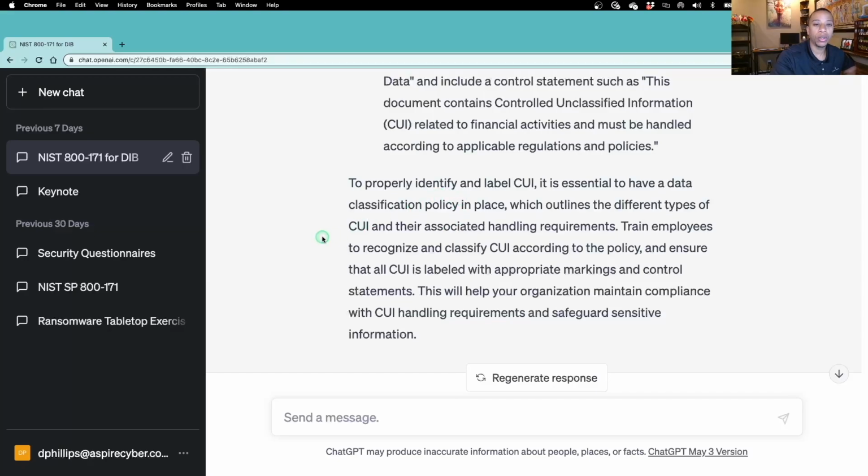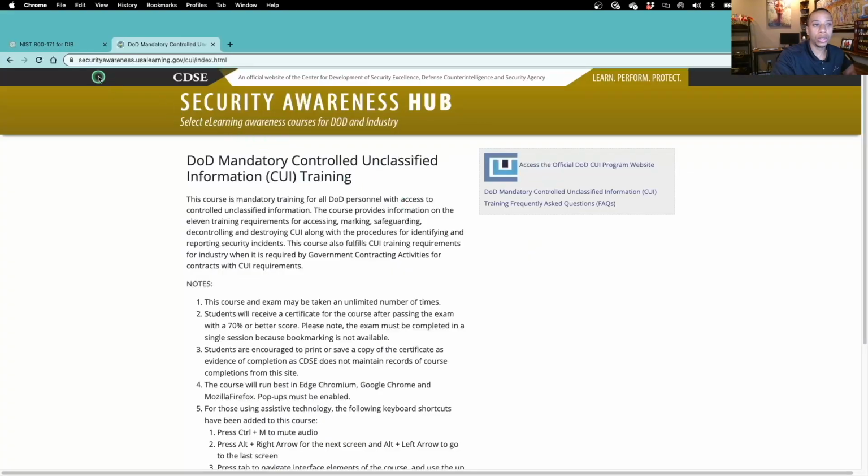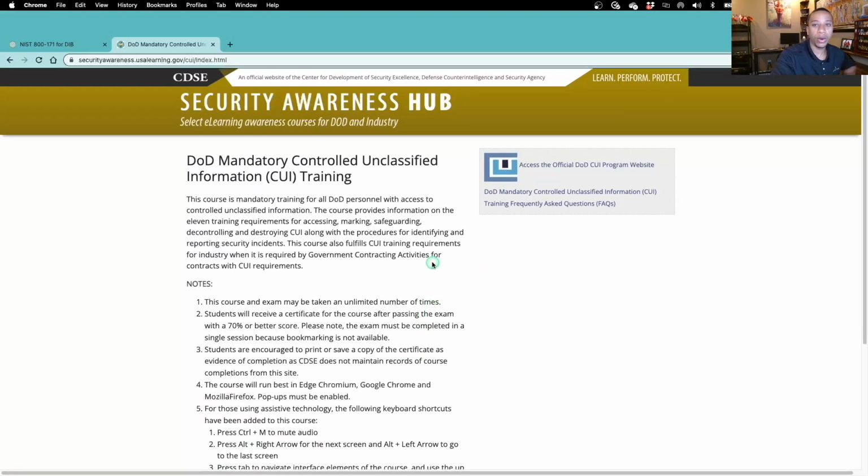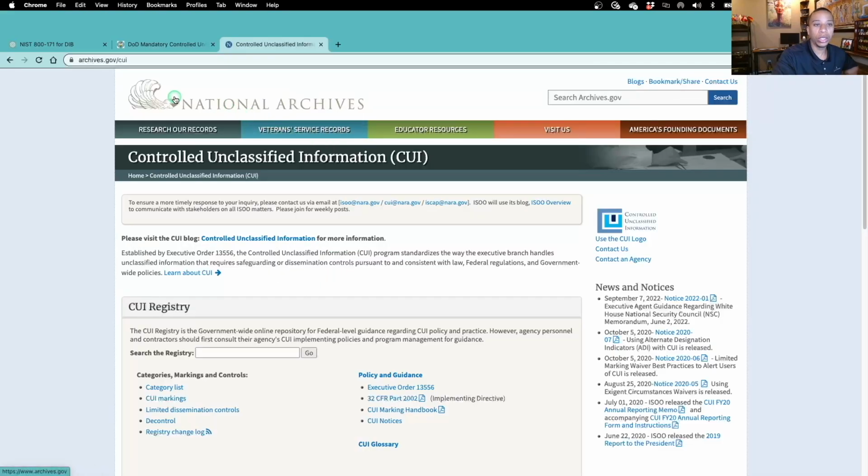And the DoD offers free CUI training as well that you can take online to get a better understanding of how to identify CUI. If you go to securityawareness.uslearning.gov, find the DoD mandatory controlled unclassified CUI training, where you can go through this training to give you a better understanding of how to identify and label CUI.